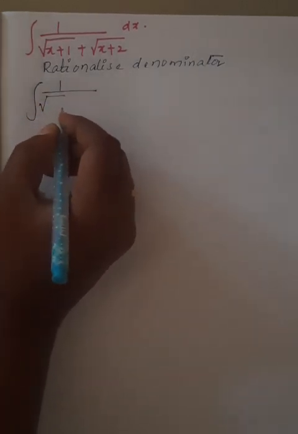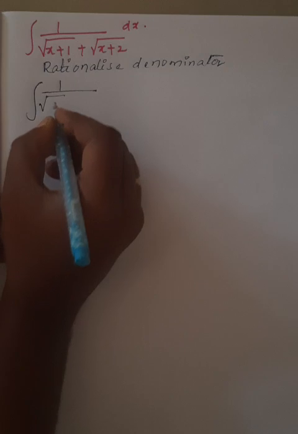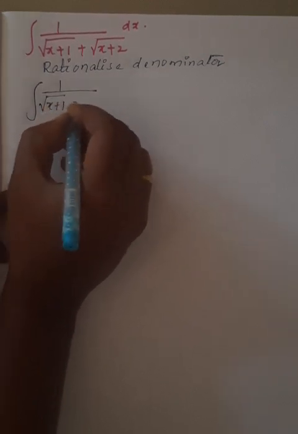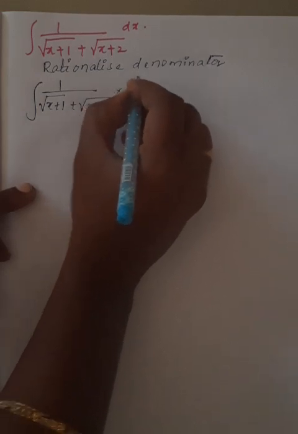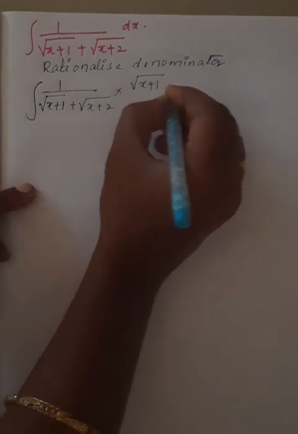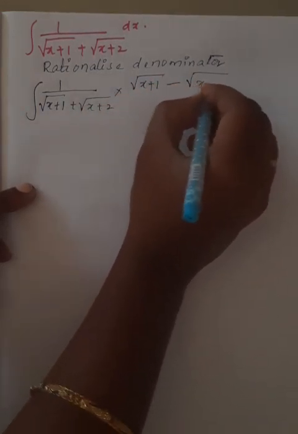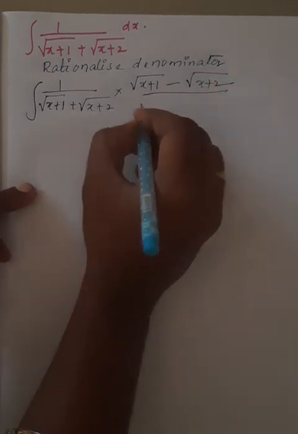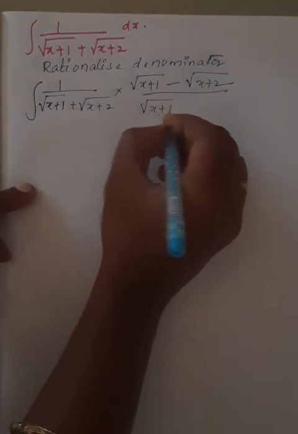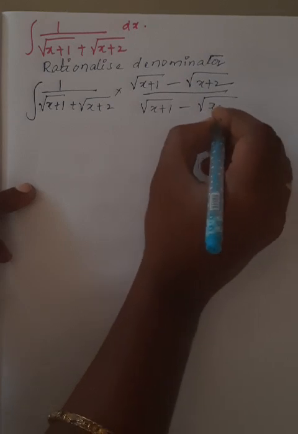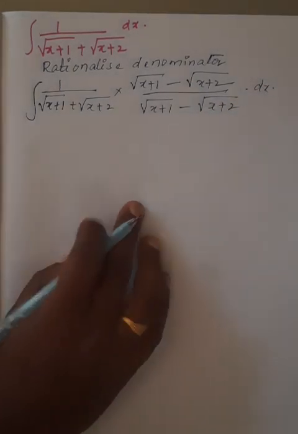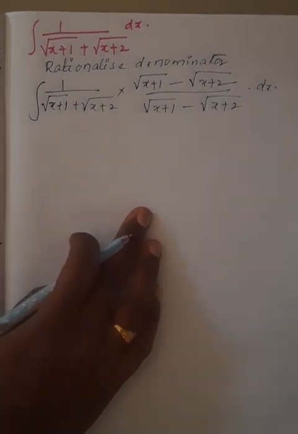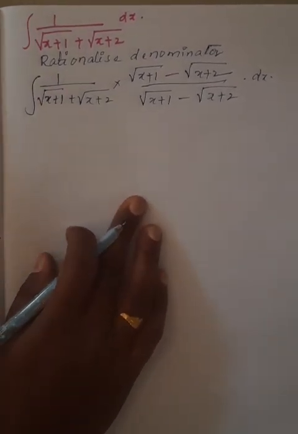So the rationalizing factor of root x plus 1 plus root x plus 2 is root x plus 1 minus root x plus 2, by root x plus 1 minus root x plus 2, into dx. So in the middle only we have to replace plus with minus in order to rationalize the denominator.